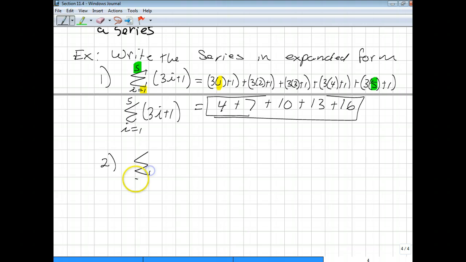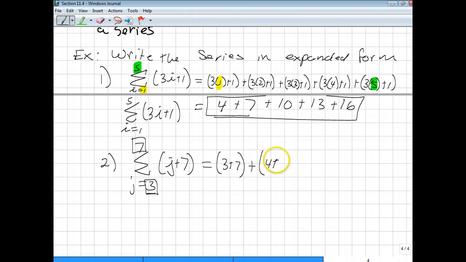Example 2. The sum from j equals 3 to 7 of j plus 7. Okay, so that is telling me to add up the third through the seventh term of the related sequence. So starting with 3, I'm going to have 3 plus 7 as the first term, or the third term, but the first one to be added.